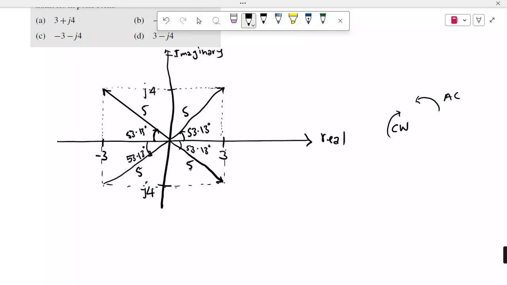The sign of these angles just tells you the direction of the vector, whether it's clockwise or anti-clockwise from the positive x direction. That's the physical meaning of the sign of the angle: it gives you the direction in which the vector is rotating with respect to the positive real axis.